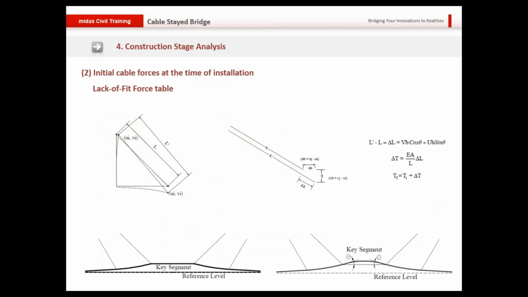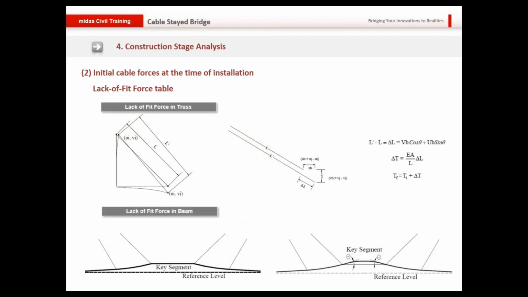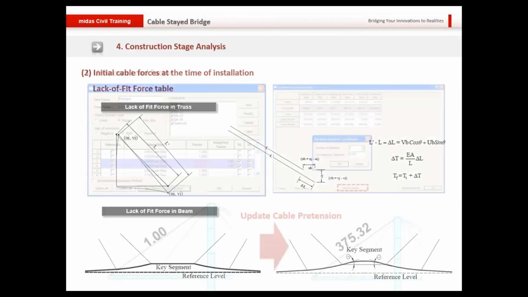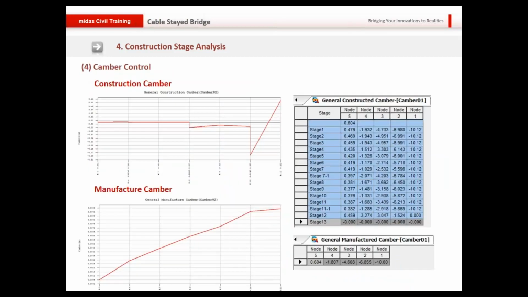You also have something called lack of fit force. That is basically the difference in displacement that you obtain from the key segment. And from the unknown load factor, you can automatically update the table with the tension on each one of the cables.